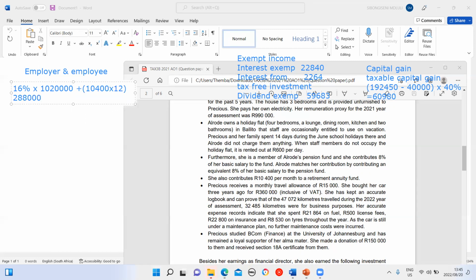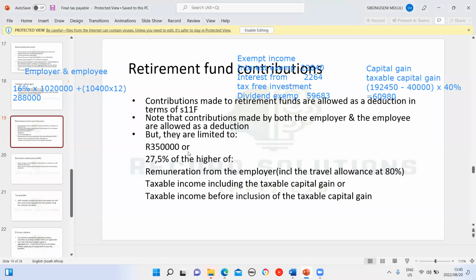Now this amount will be a deduction, but it is limited to 350,000 rand or 27.5% of the higher of remuneration from the employer, including the travel allowance at 80%.